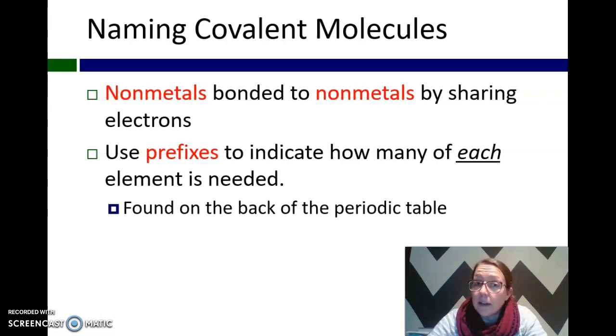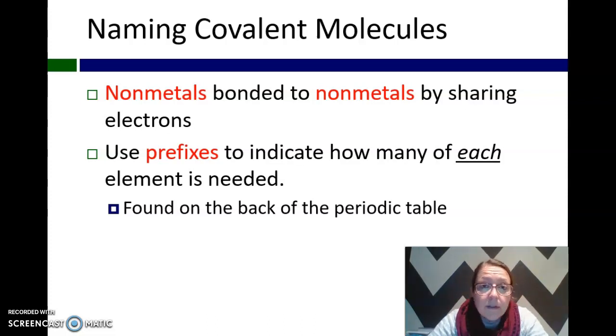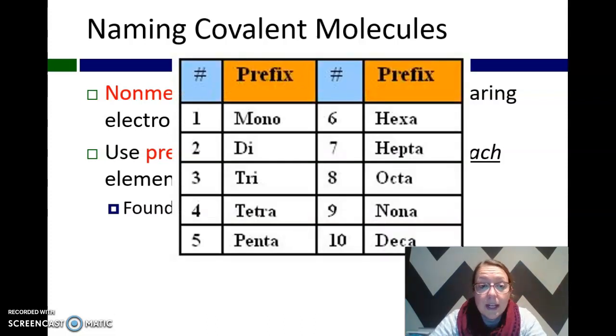These can be found on the back of your periodic table in the third column. Notice we will not be dealing with the first two columns on the back of our periodic table. Those are for ionic compounds. So if you flip over your periodic table, you'll see a little box that has the prefixes you need for naming covalent molecules. They look like this. Now there's a couple more rules I want to go through before we do an example.